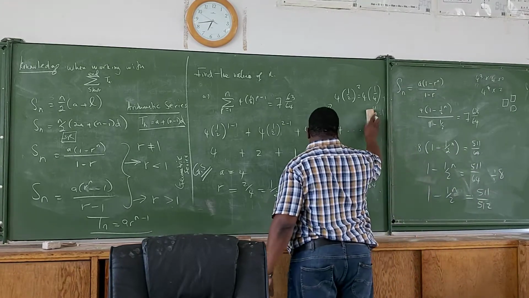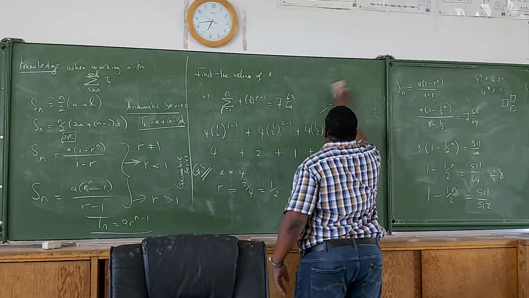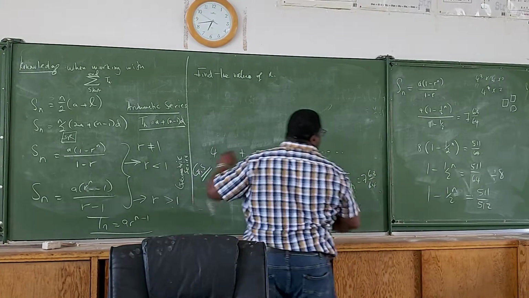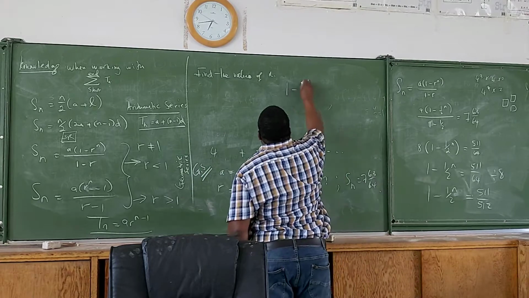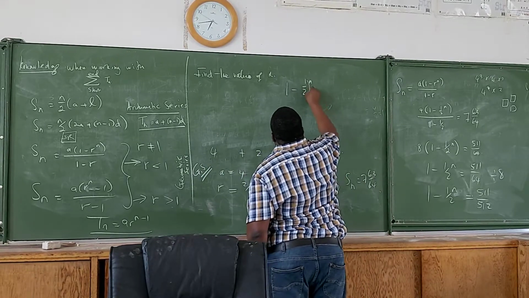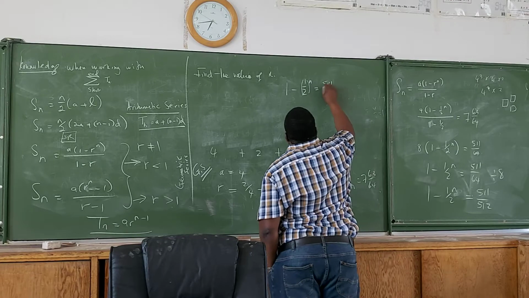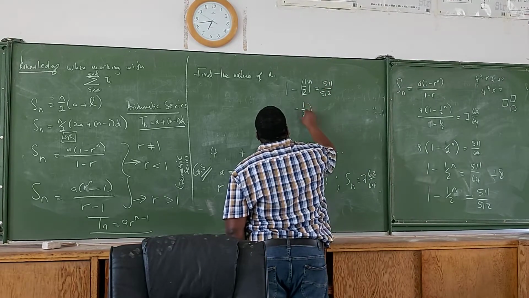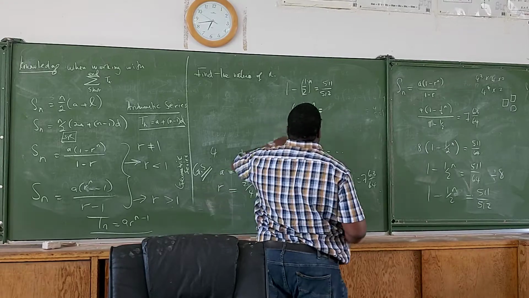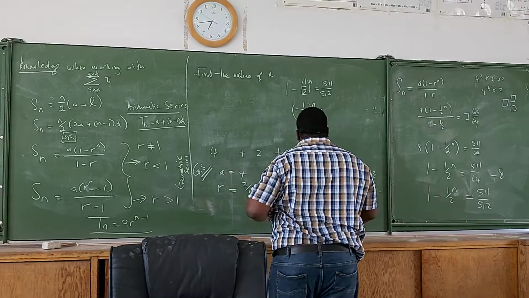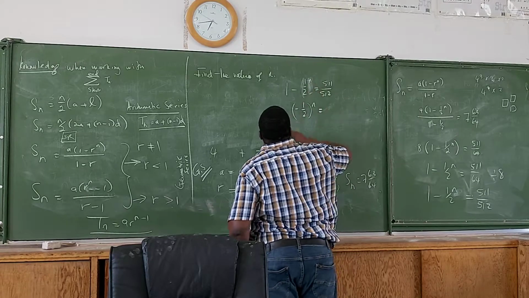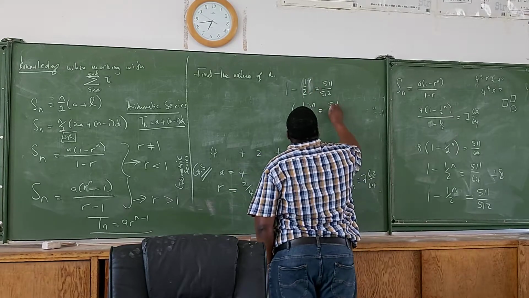Can I take this off? Yes, sir. Or I just want to continue with that part. So 1 minus a half to the n power equals 511 over 512. So it's going to be a negative a half raised to the power of n. You see what I'm doing here? Let me just, so you don't get confused here.